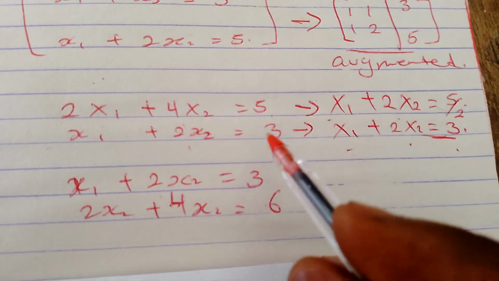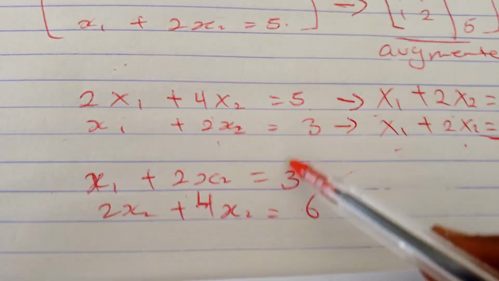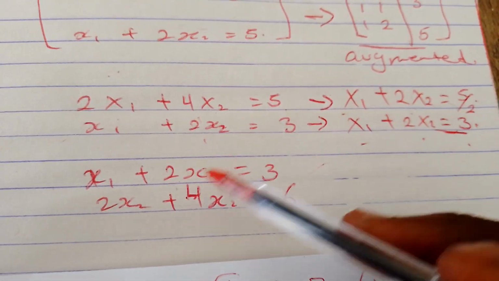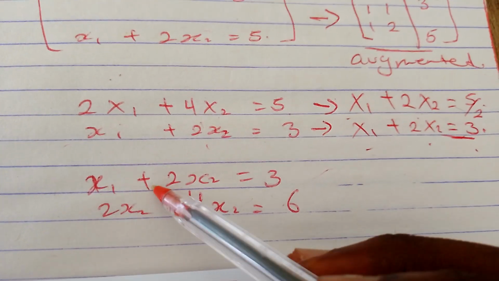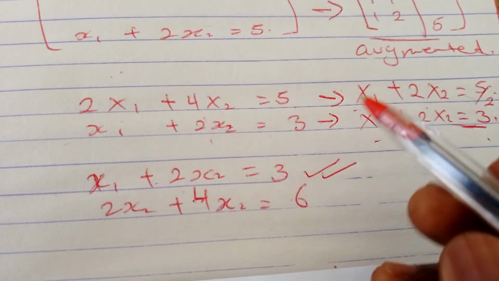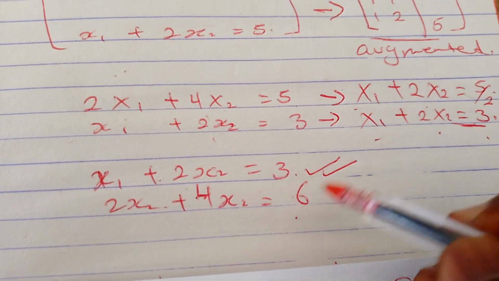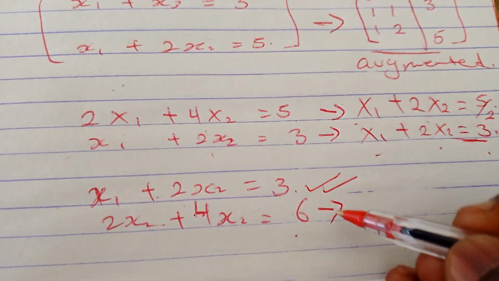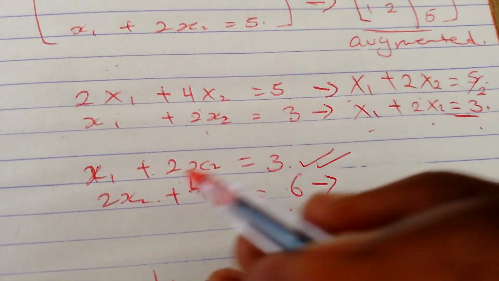Now, if we say it has infinitely many solutions, then once again, let's try to break them down. If you look at this, we have equation 1, equation 2. But let's look at equation 2 really carefully again.